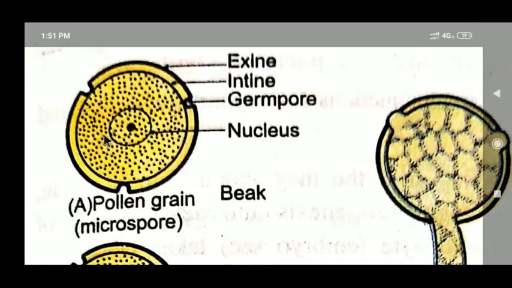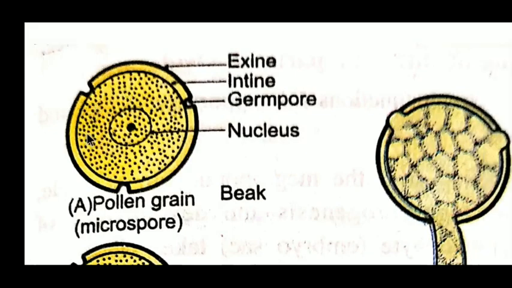Pollen grains are uninucleate, unicellular cells which have dense cytoplasm and are protected by 2 layers. These layers are called sporoderm, innermost layer and outermost layer. These are haploid cells. A single nucleus is present, cytoplasm is present, and it is surrounded by 2 sporoderm layers.